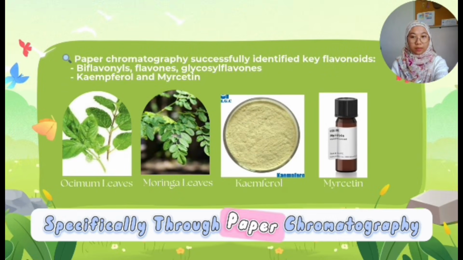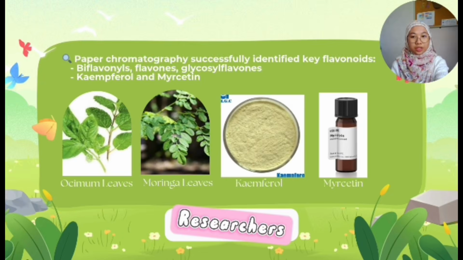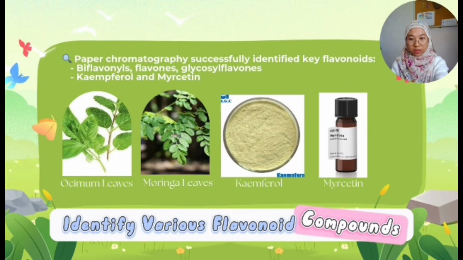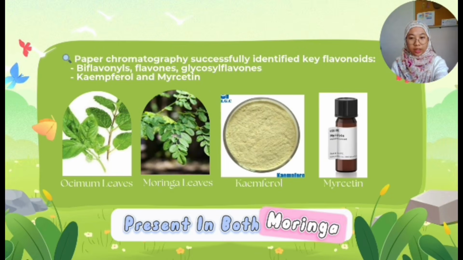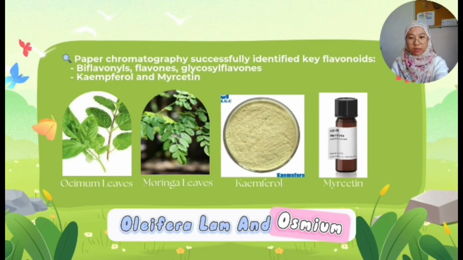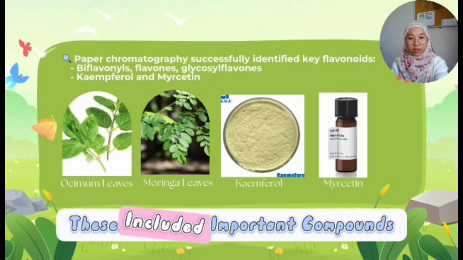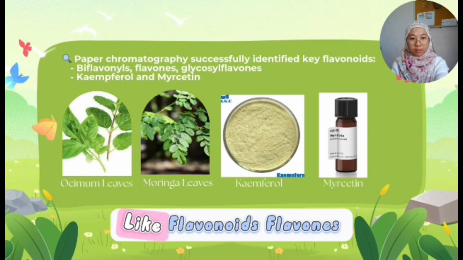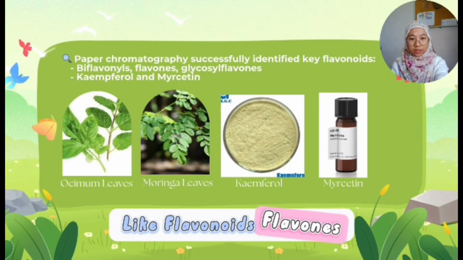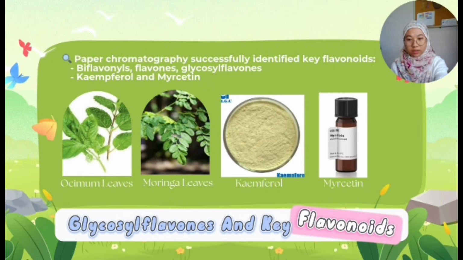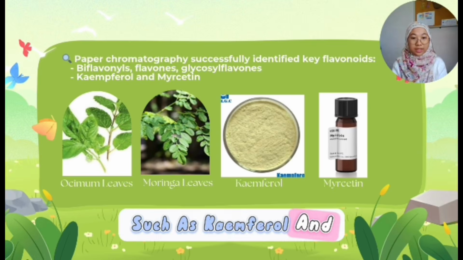Specifically, through paper chromatography, researchers were able to confidently identify various flavonoid compounds present in both Moringa oleifera and Ocimum tenuiflorum. As Alia Farisha mentioned, this included important compounds like biflavonols, flavones, glycosylflavones, and key flavonols such as kaempferol and myricetin.